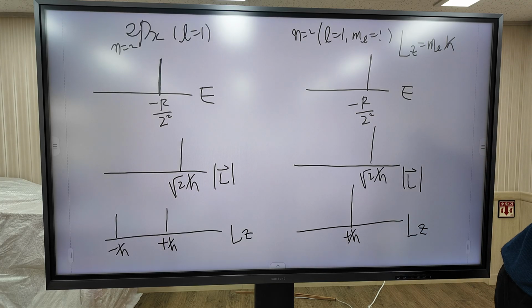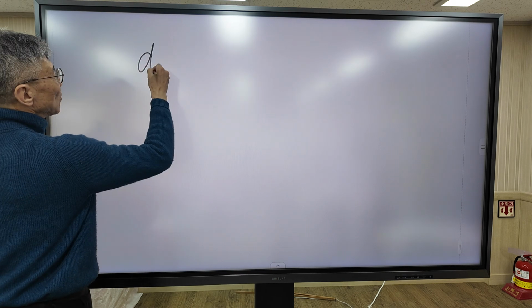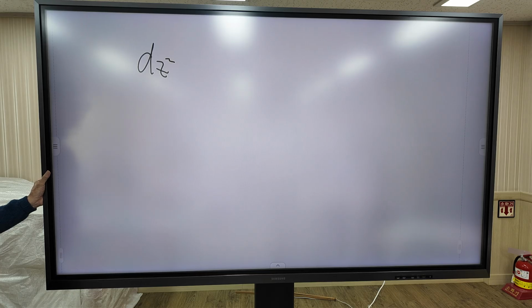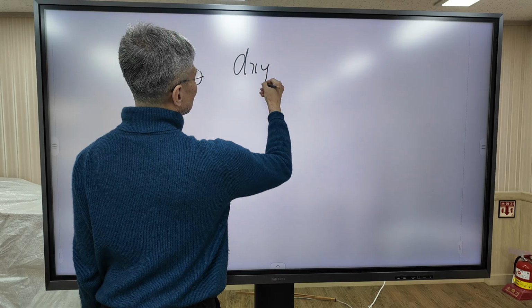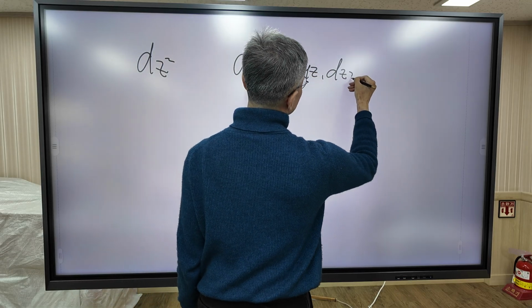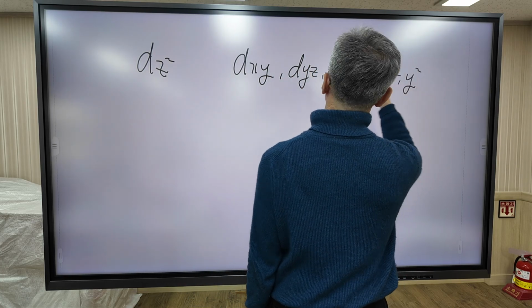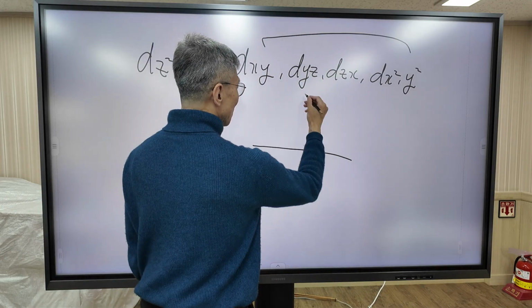So let's move on to the d orbitals. Now we have 5 d orbitals, but as you know, this dz2 orbital is unique in terms of shape. All the other orbitals have a similar shape, which has 4 lobes.